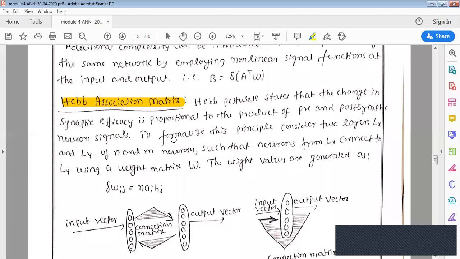How much it can teach is proportional to the product of the presynaptic and postsynaptic neuron signals.